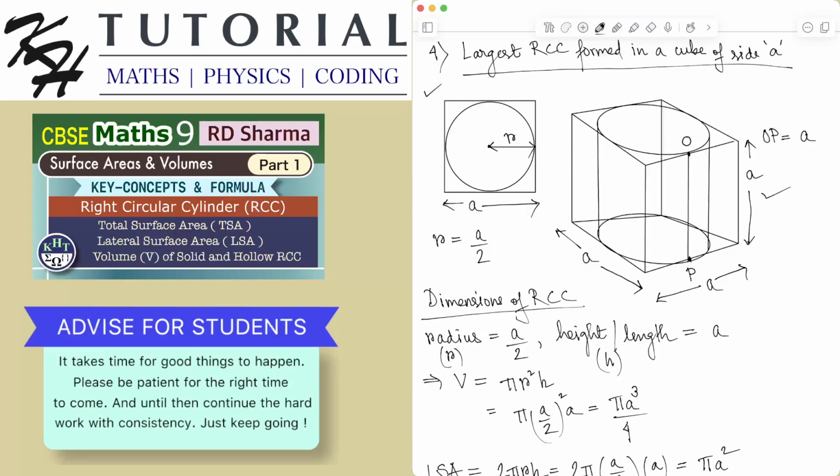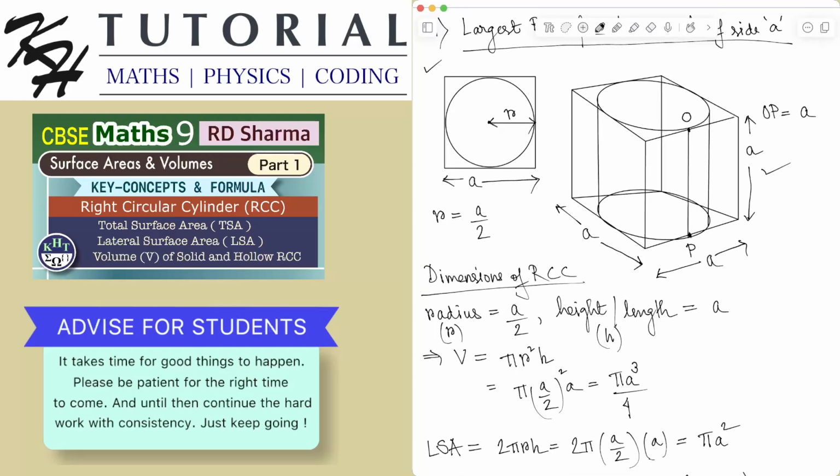So now you can easily find the volume of the largest RCC, whose radius will be equal to A by 2 and whose height will be equal to A. Obviously the volume is pi r square h, which is pi (A by 2) square times A, which is pi A cube by 4. Now again, I really don't expect you to remember this formula, that the volume of the largest RCC cut out from a cube of side length A is equal to pi A cube by 4.